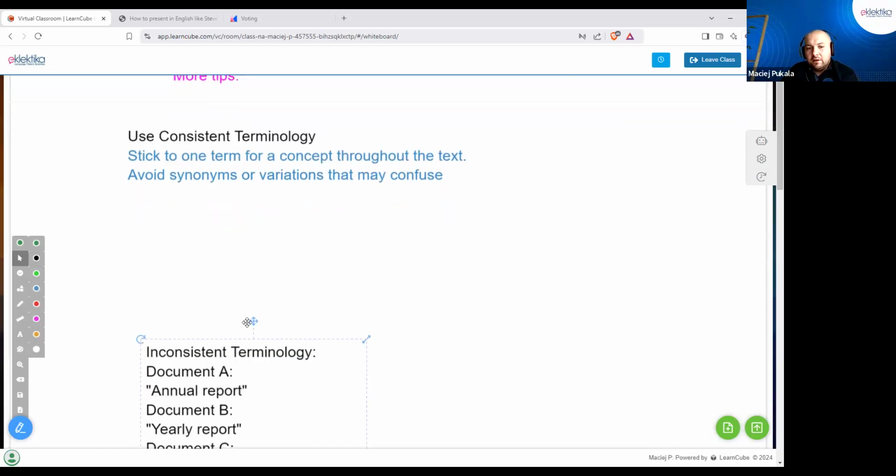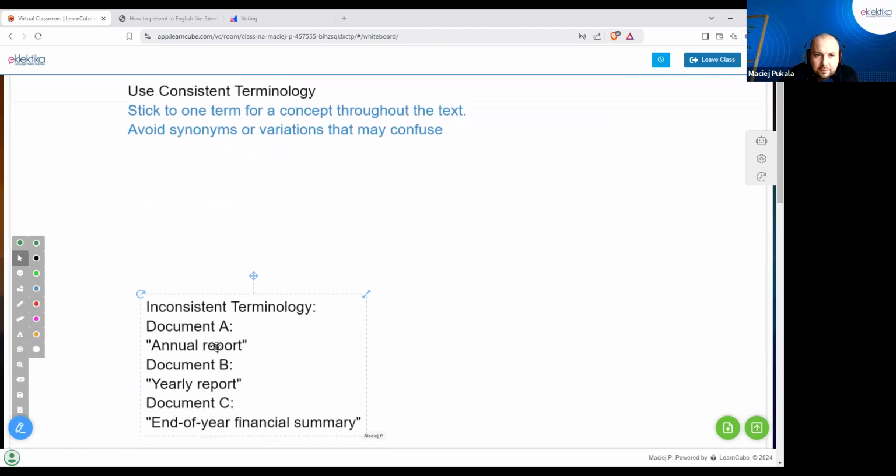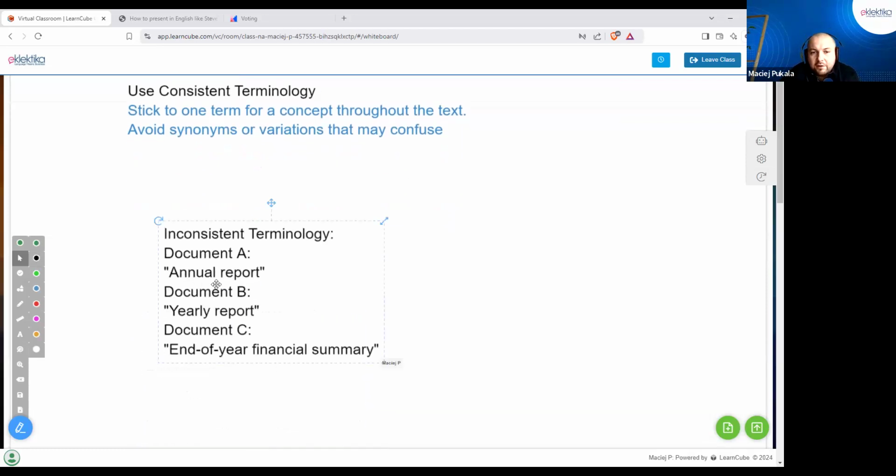I'll use a very basic example. If I have "annual report," I might not use "yearly report" or "end of the year report" and change that 5-10 times during an annual report summary presentation. I have seen this happening. It creates a little sense of confusion.